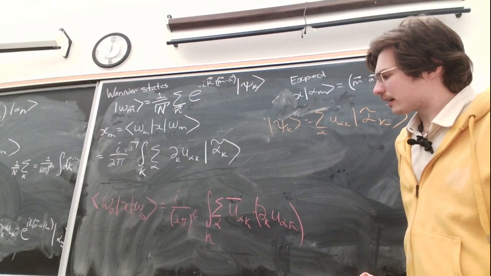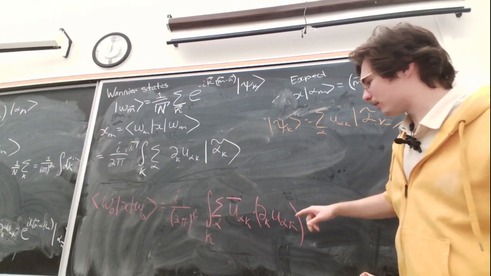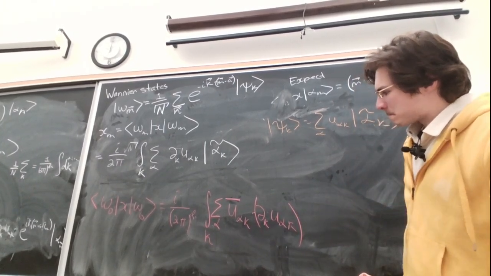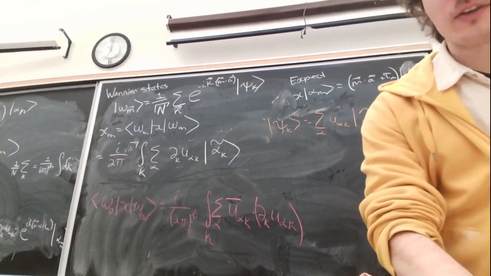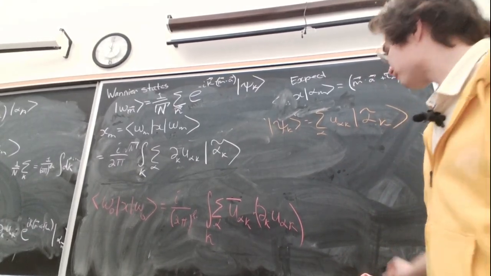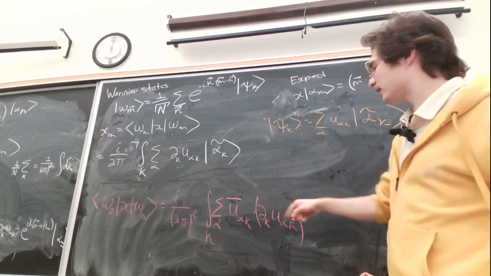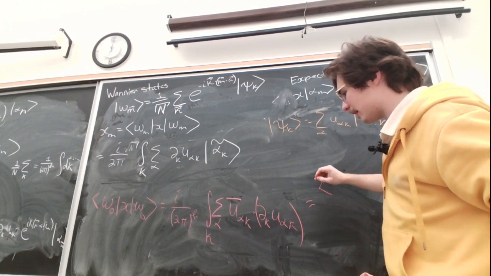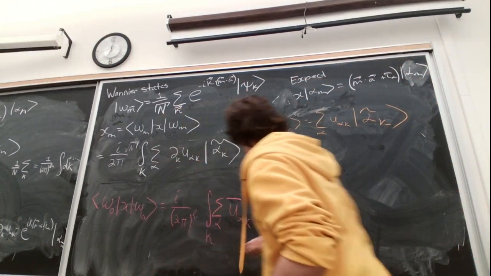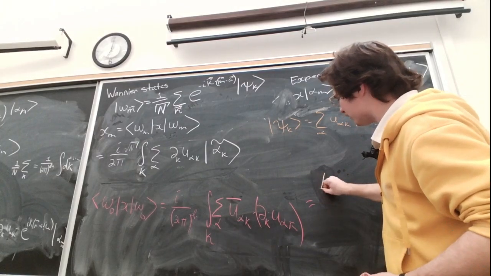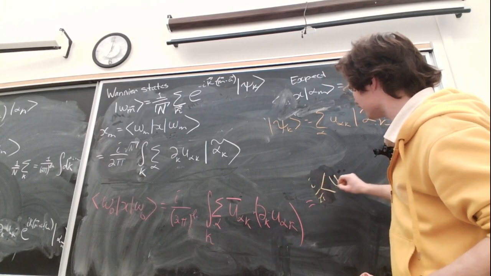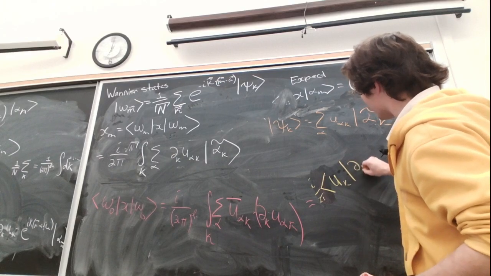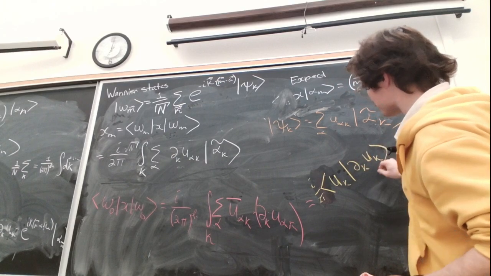That's kind of interesting. And so one thing, like how a lot of physicists write this thing, so I'll do this in yellow, is like i over 2 pi u k times partial k u k.